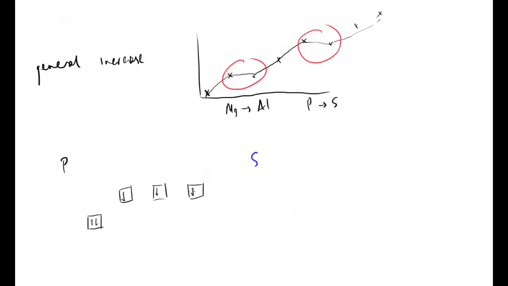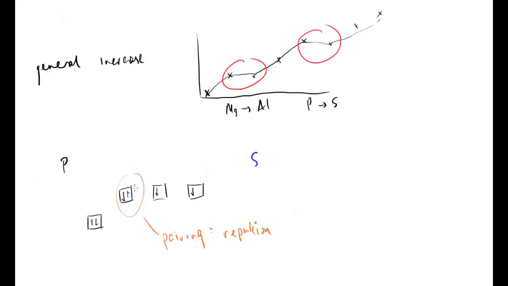Now sulfur, we add in an electron. What you can see straight away is that with my sulfur I have added an electron into this orbital, and this pairing now equals repulsion.